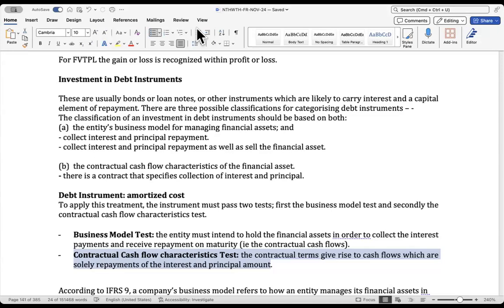Yes, it is covered. We're going to do that next week under compound financial instruments. I should teach you compound financial instruments. It's covered there, so you will see that there.